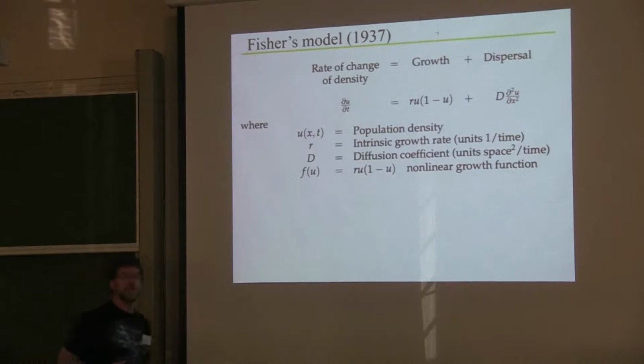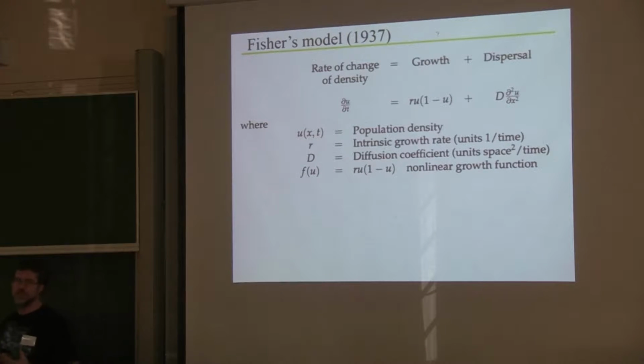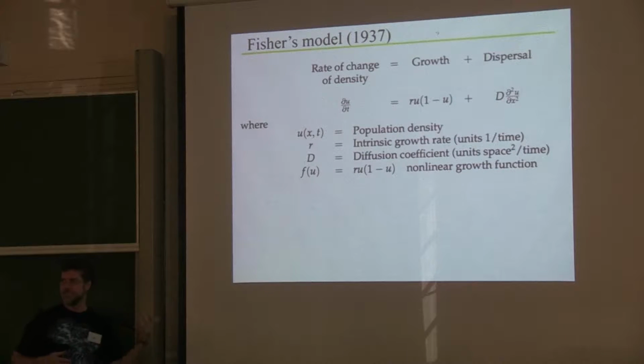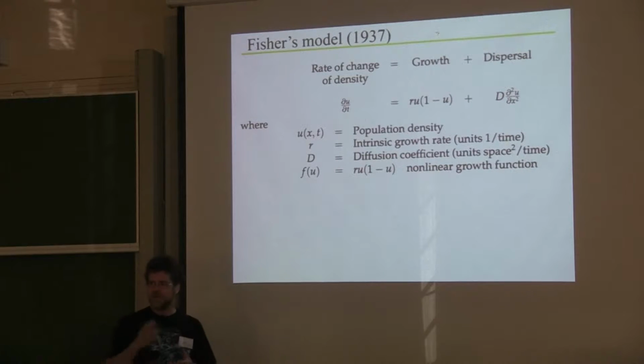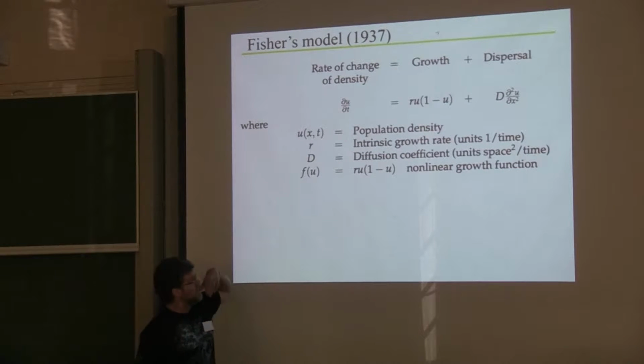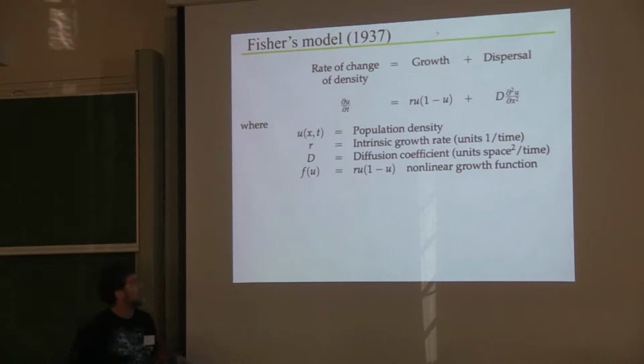If you actually look back in history, this idea of spread has been around for a long time. And Fisher was a geneticist, and the same Fisher that you might know from statistics. He was interested in the rate of change of density of an advantageous gene in his context.